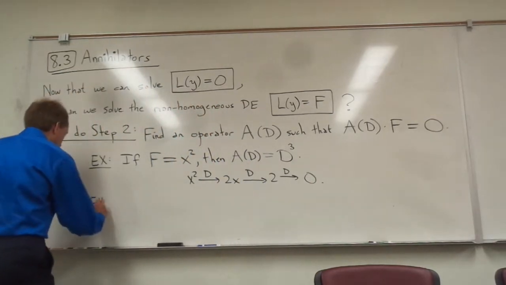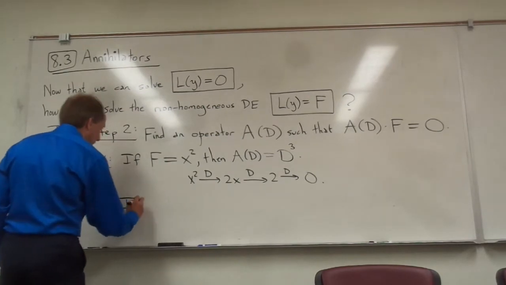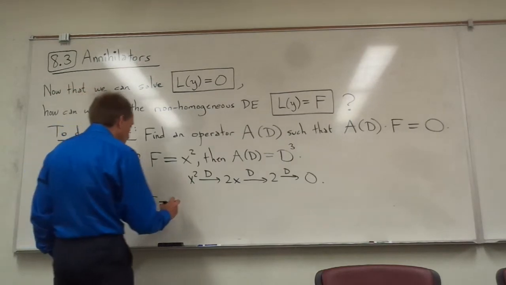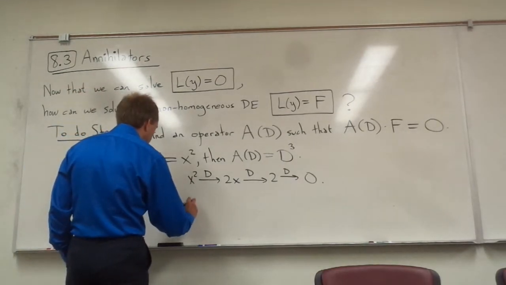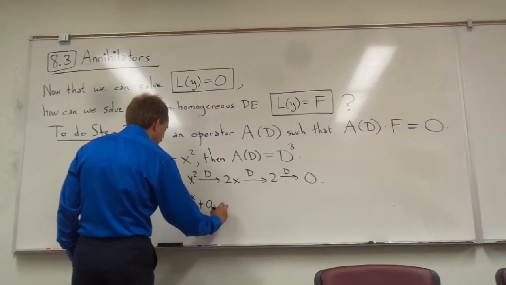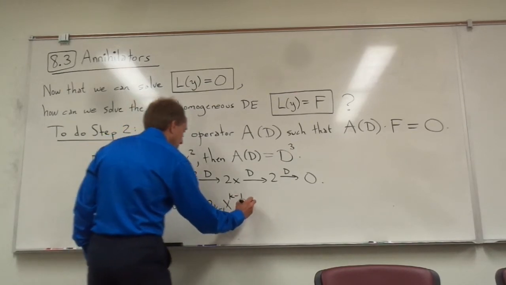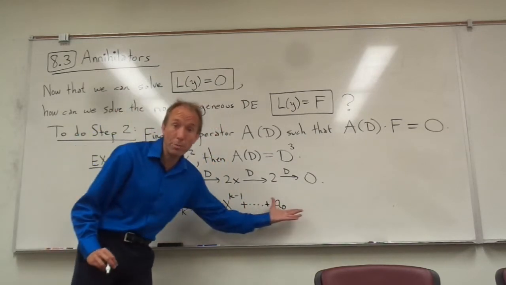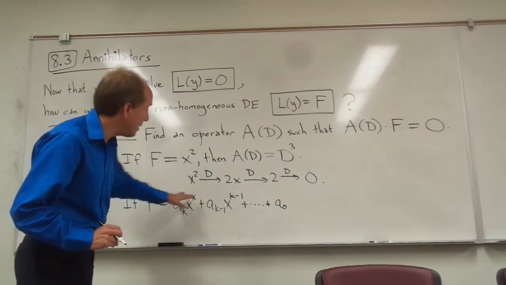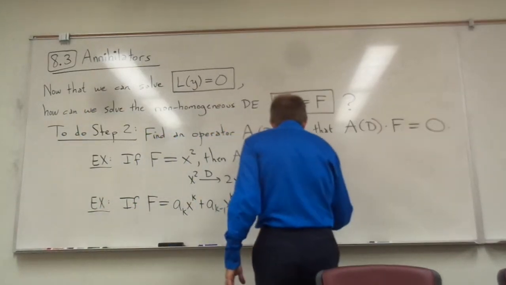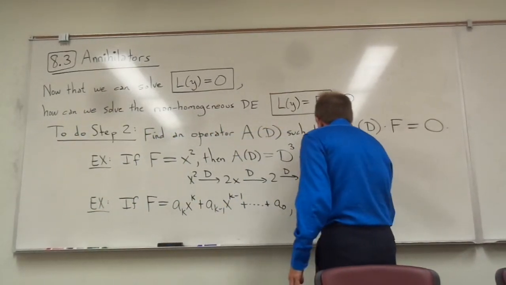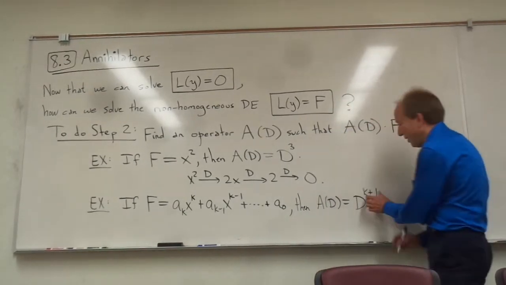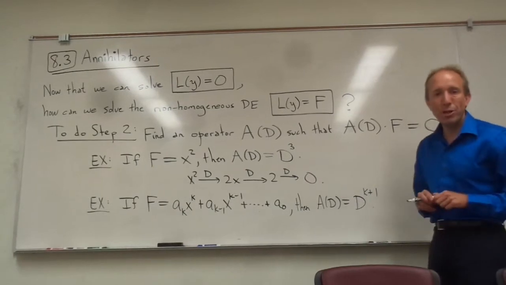In fact, you probably could figure out more generally that if capital F is equal to a sub k x to the k plus a sub k minus 1 x to the k minus 1 plus dot dot dot plus all the way down to a naught, any polynomial at all on the right-hand side, then the annihilator of that would just be to take one more derivative than the degree of that polynomial.